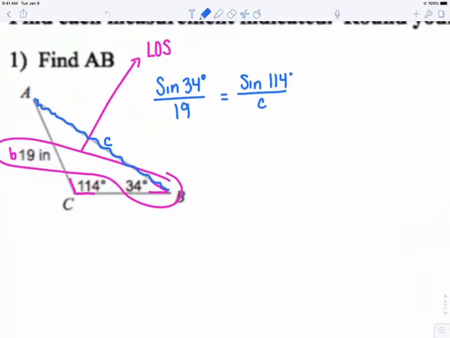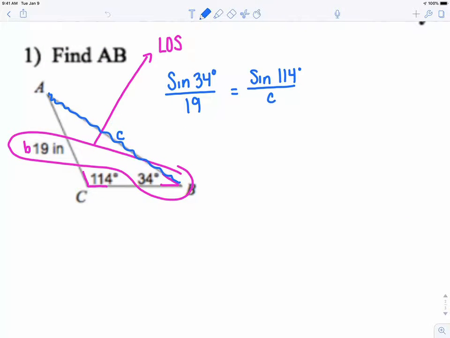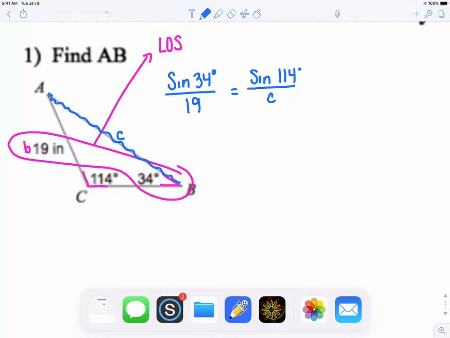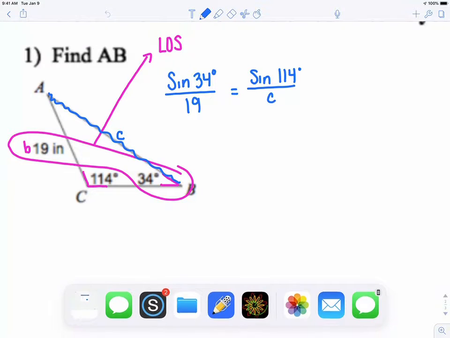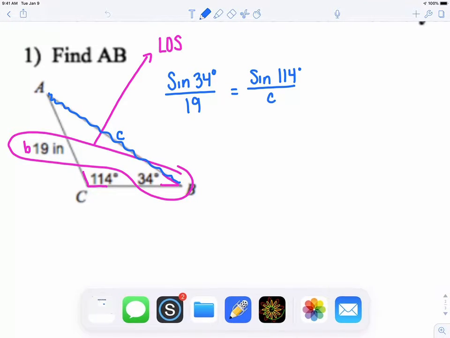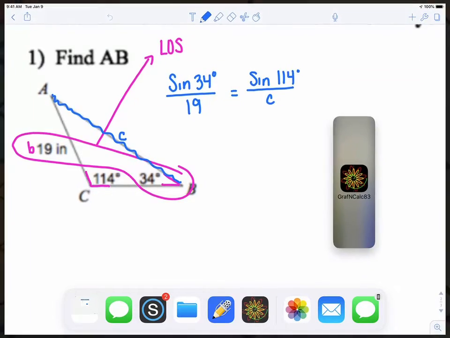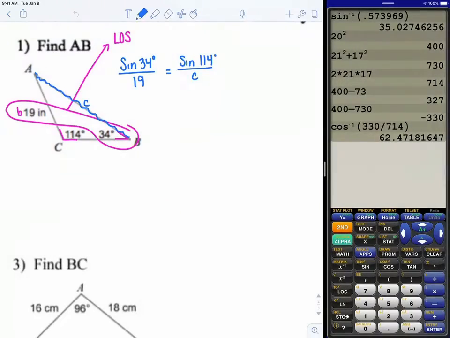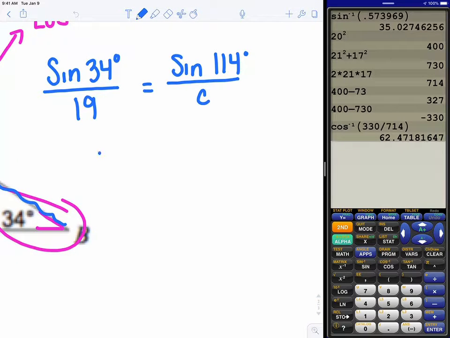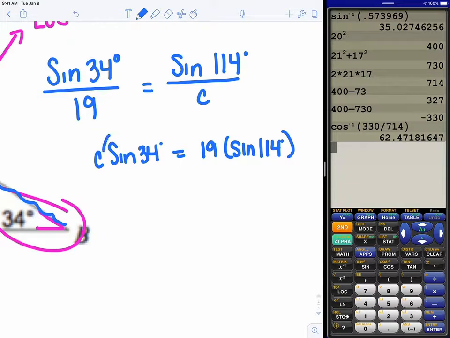Let's cross multiply this and get c all by itself before we put anything into our calculator. When we cross multiply, you get c times the sine of 34 degrees equals 19 times the sine of 114. I need to get c all by itself, so what should I do?